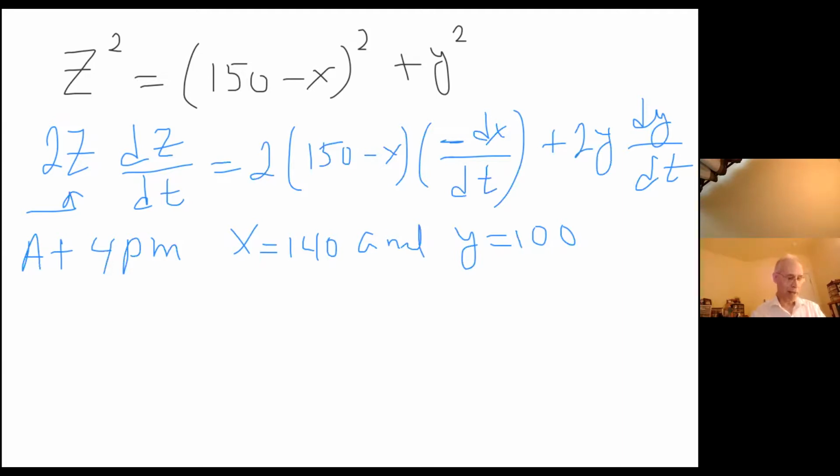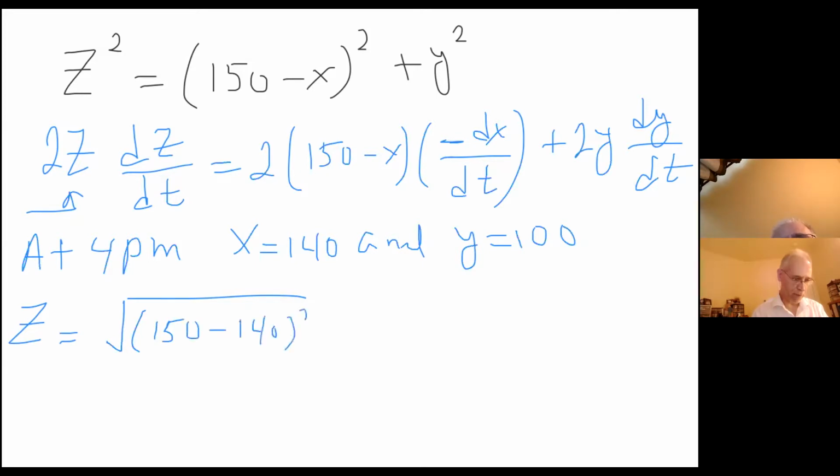And to find z, I'm going to say that z equals the square root of the adjacent side, which is 150 minus 140 to the second power, plus 100 to the second power.